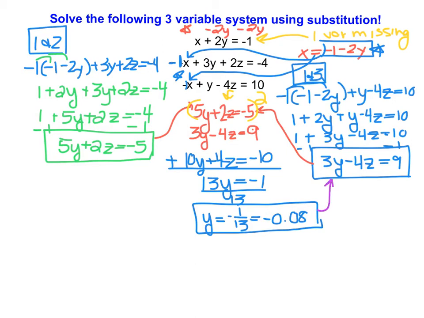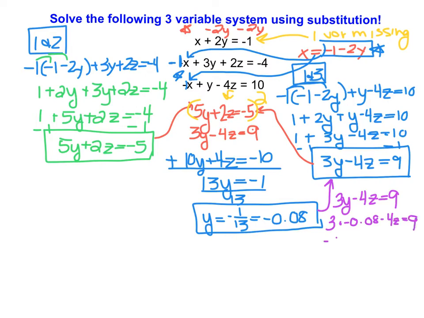So here we're going to take that y value, we're going to go back to one of our two variable equations. So we have 3y minus 4z is equal to 9, and we're going to substitute y in there. So we have 3 times, I'm just going to use the decimal approximation, negative 0.08 minus 4z is equal to 9.